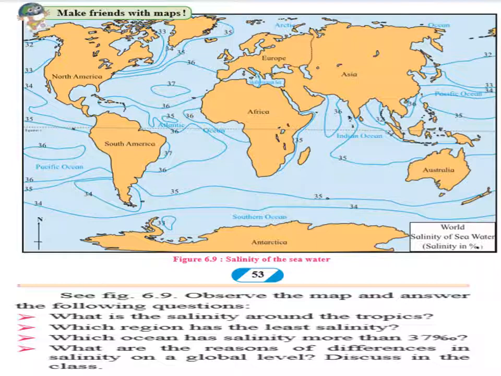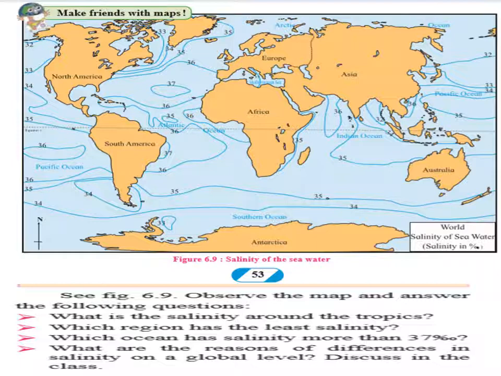So here you can see in the Andaman part, it is 32 parts per thousand.